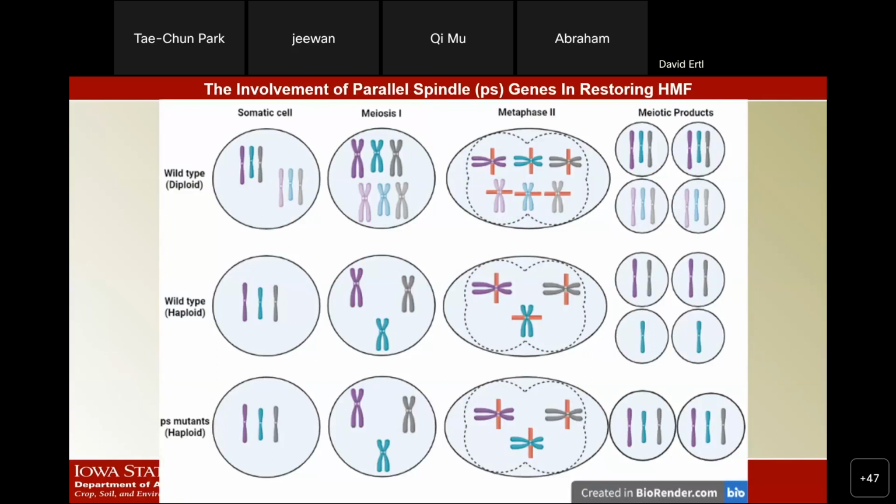If you start out with a haploid genome, which is replicating, you have ultimately 2 genomes that are divided up to these daughter cells out of the meiosis process. The parallel spindle is helping to divide them up equally to these daughter cells, whereas in the regular meiosis, you would end up with 4 products that only get incomplete numbers of chromosomes.